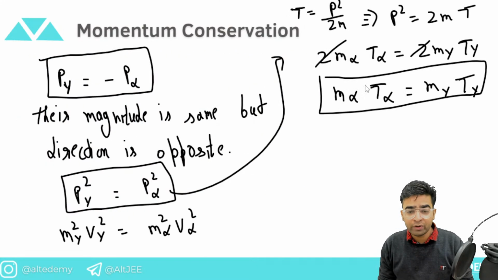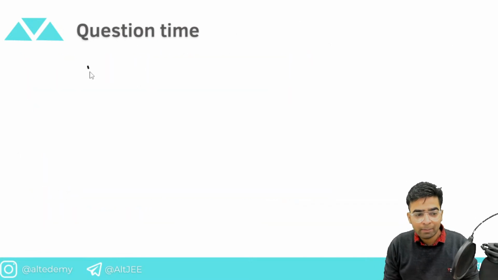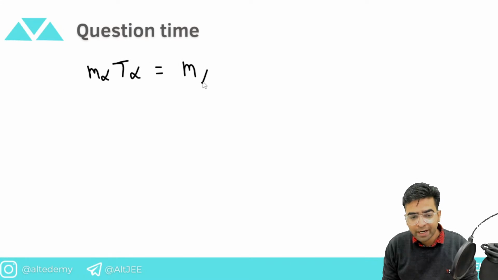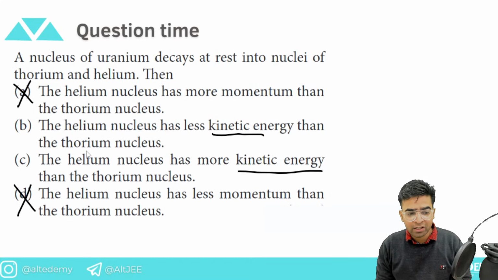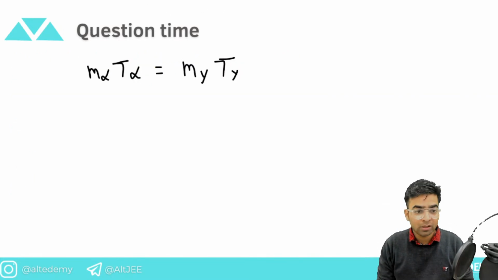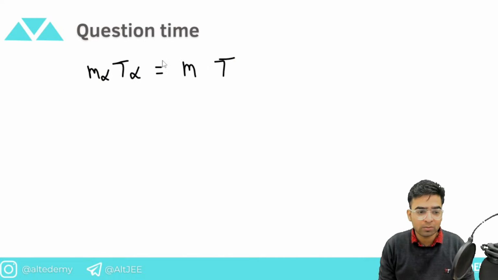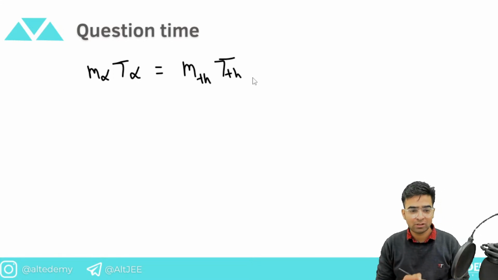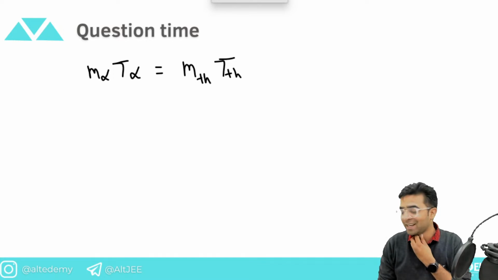We know m alpha T alpha is equal to my Ty. Here y is thorium.